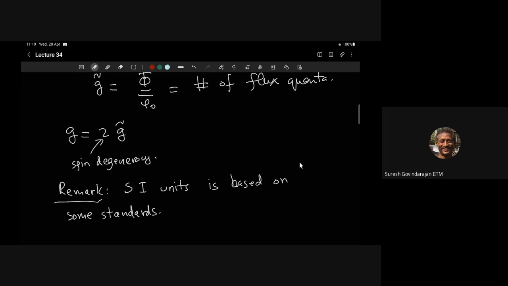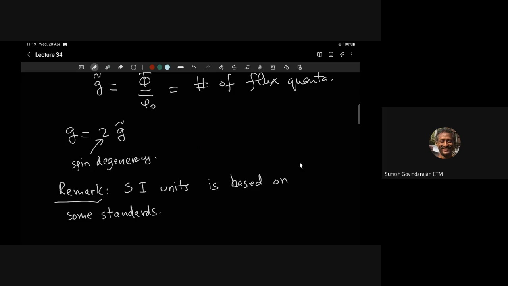And we are reaching situations where we need accuracies which are much, much more than that. I mean, for instance, now we have reached a point where we are able to even detect gravitational waves. So you can see that things have progressed. So these kind of physical standards are useless. So they've been moving away.